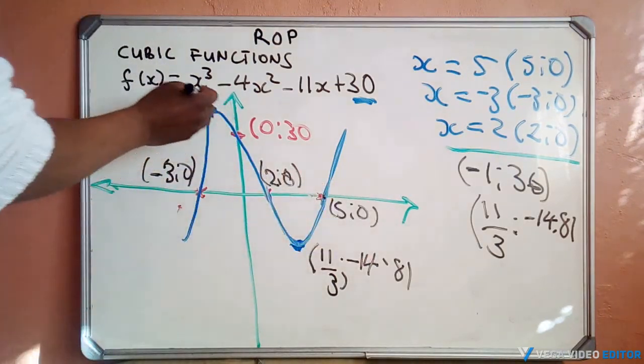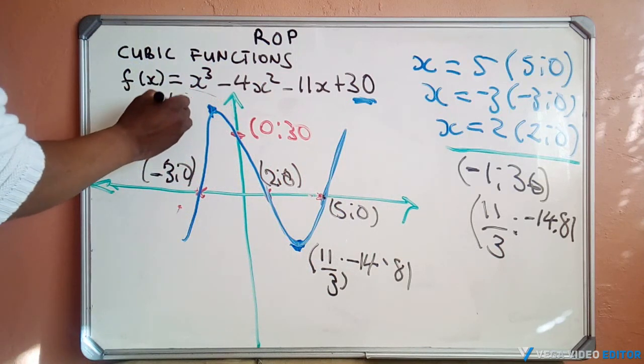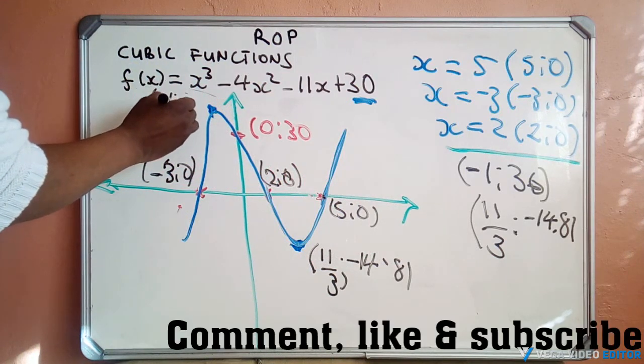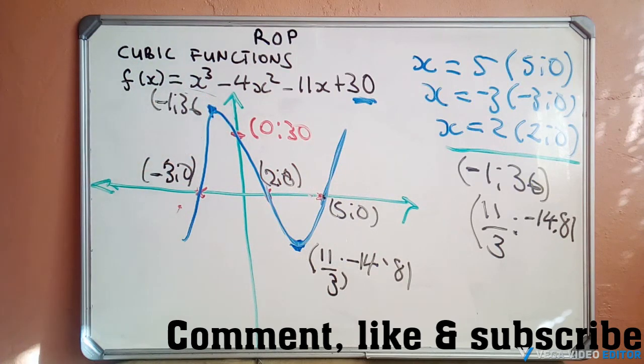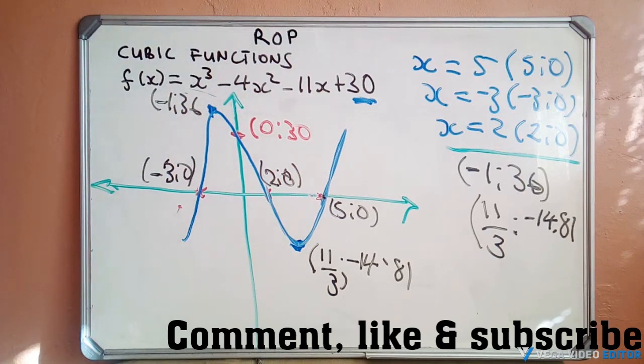Above here we've got -1 and 36. So those are the most important points that you need to take into consideration when you are drawing the sketch for this particular cubic function.